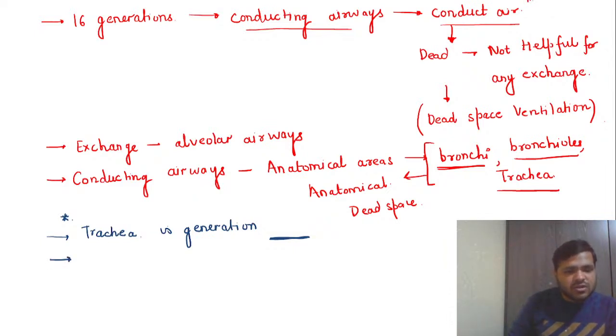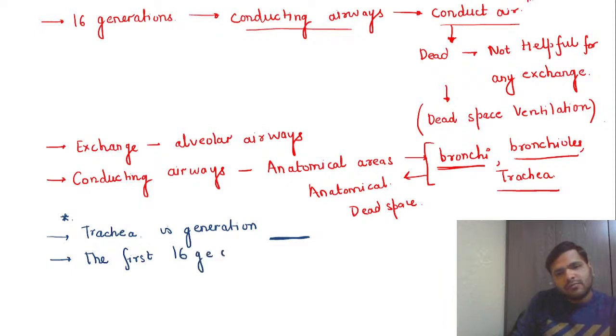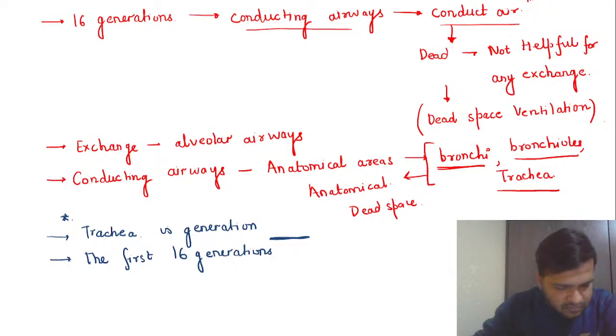Meanwhile, I'll put another question in front of you. The first 16 generations, which zone do they form? Yeah, very good, Anmol, Kasim, Abbas, Rikshit, Sonu, Vikas, Kumud.